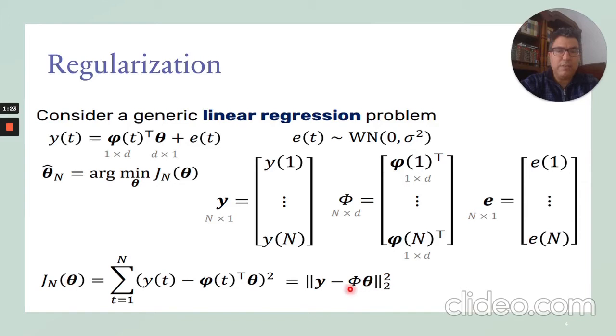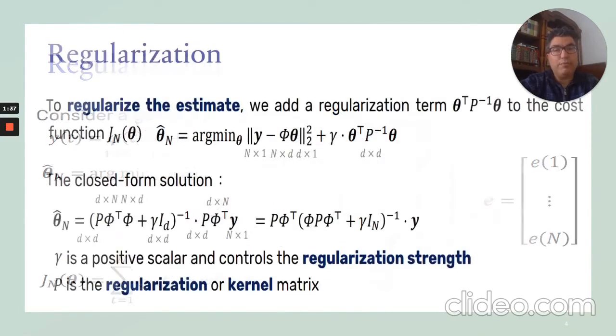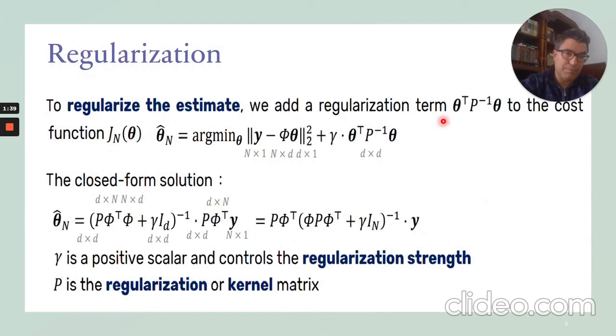This is the least squares problem, and the solution is called the normal equation: phi transpose phi inverse times phi transpose y.